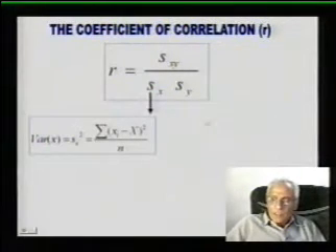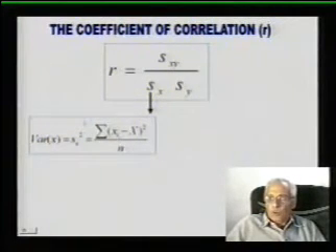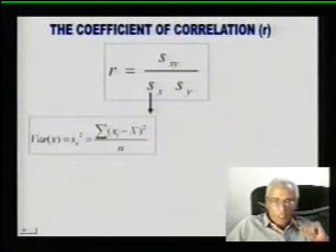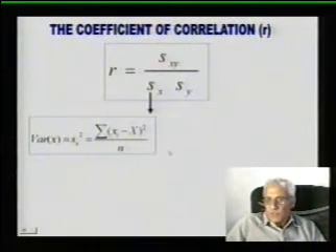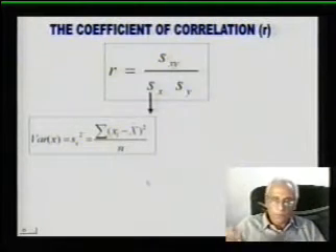Sx is derived from the variance of x, or it is the standard deviation of x, where the variance of x, as we always know, is equal to the sum of the x values minus the average, squared, divided by n. Very good.